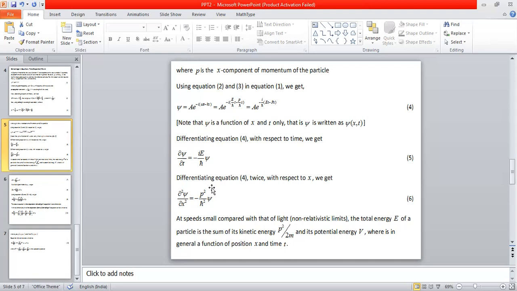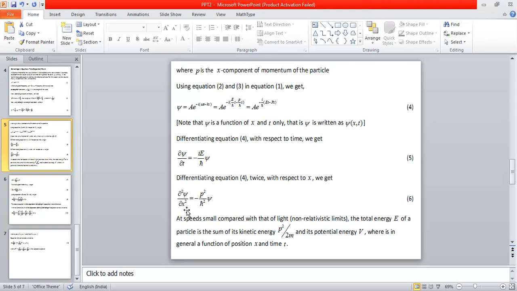Now we are going to differentiate equation 4 with respect to x twice. In equation 5 we differentiated psi with respect to time once. Now equation 4 must be differentiated twice with respect to x. If we do a little mathematics, differentiation and simplification, we are going to get another expression, dou square psi divided by dou x square, because we are differentiating equation 4 twice with respect to x.